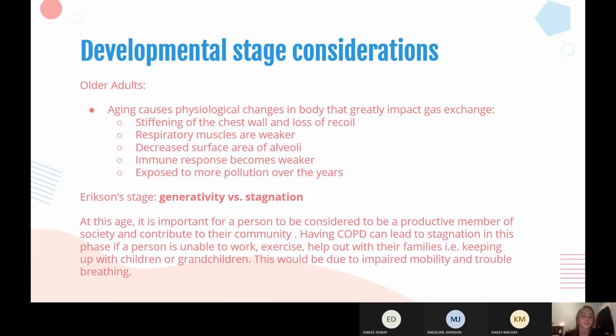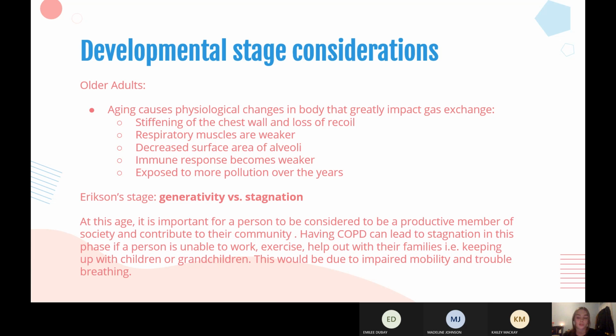Aging causes physical changes in your body, so his lungs may have trouble retracting and recoiling anyways. And with COPD added onto it, it makes it really hard for him to breathe. Like it says there, the respiratory muscles are weaker, and his immune response is weaker as well. And then, yeah, they were exposed to more pollutants over the years.